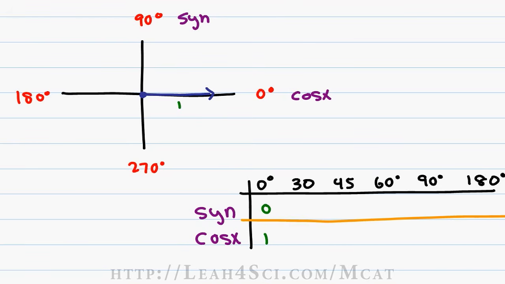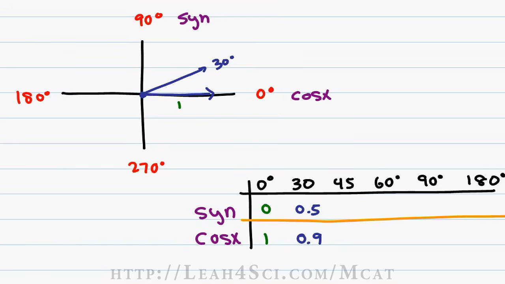Keep in mind this is not drawn to scale, but imagine that I now raise this line to 30 degrees. If drawn to scale, the tip of that ray will be halfway up between x and y, and that means the sine value of 30 degrees is half, or 0.5. The cosine value on a calculator comes to 0.866, but on the MCAT you can get away with using 0.9.